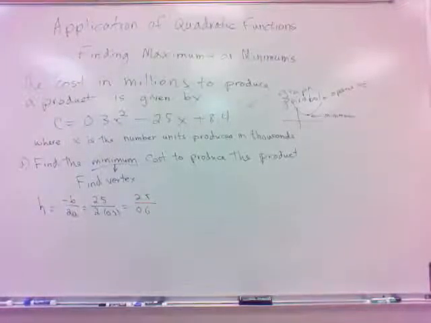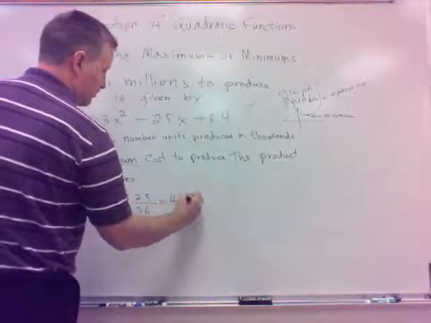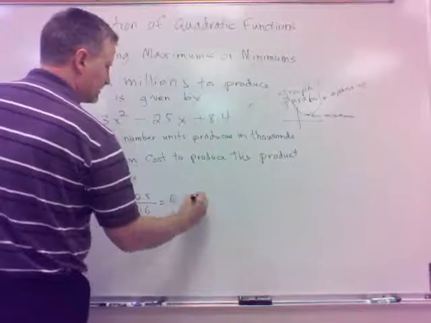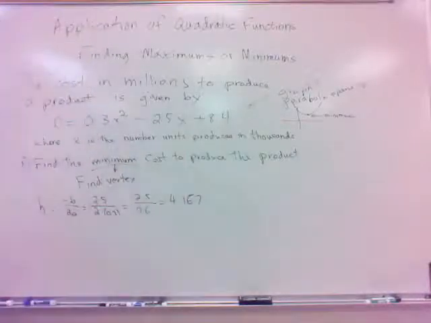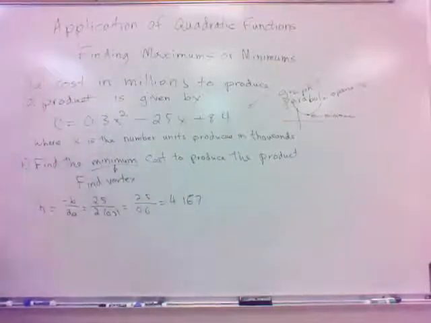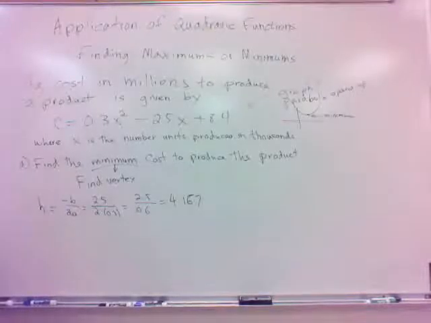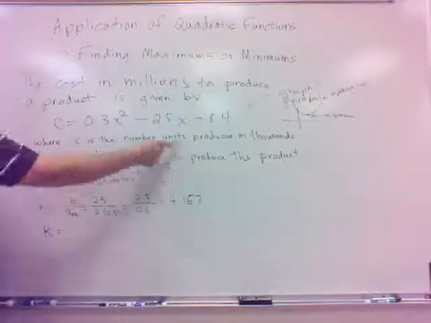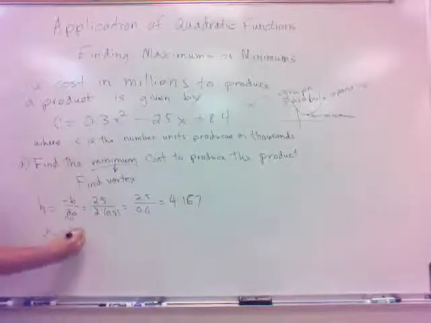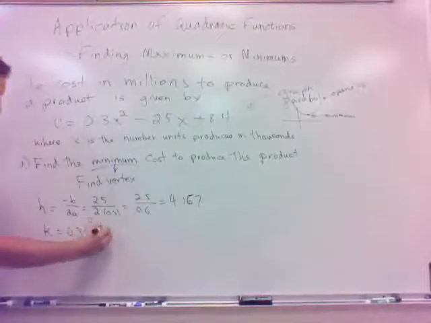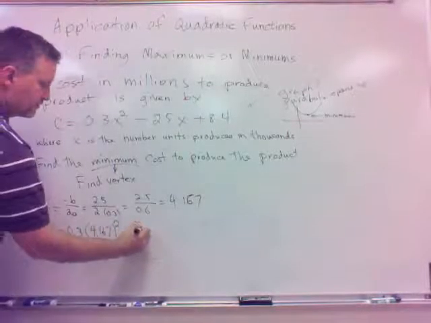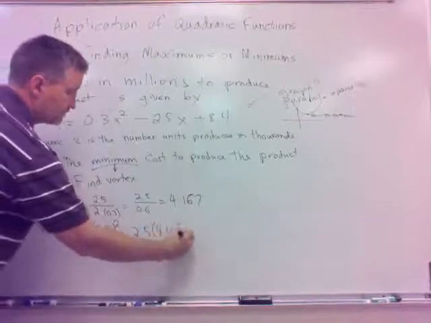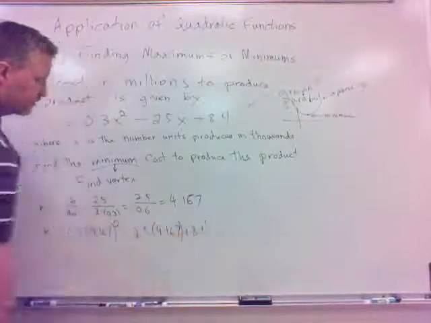which is what? 4.1666? Let's say 4.167, since this is in thousands. But anyway, 4.167, something like that. Okay, how do we get k of the vertex? Well, for k of the vertex, plug this in for x, right? x is 4.167, so it'd be 0.3 times 4.167 squared minus 2.5 times 4.167 plus 8.4.